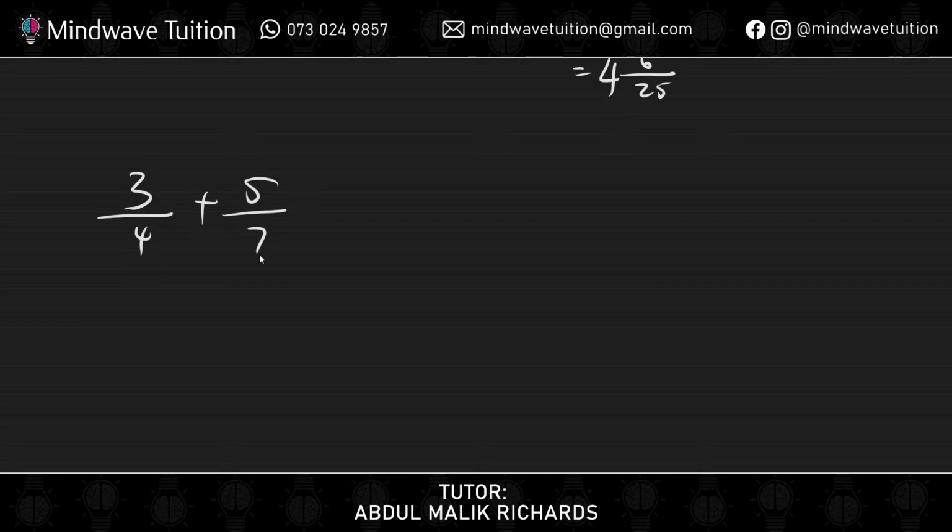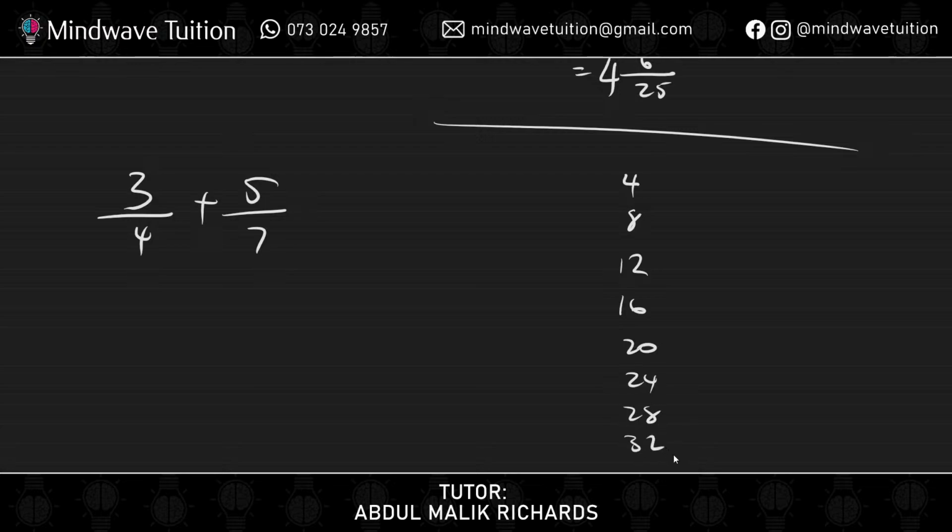So we want to make the denominators the same. And we can do that using equivalent fractions. So what you want to do is write down the multiples of 4 and the multiples of 7. So 4, 8, 12, 16, 20, 24, 28, 32.